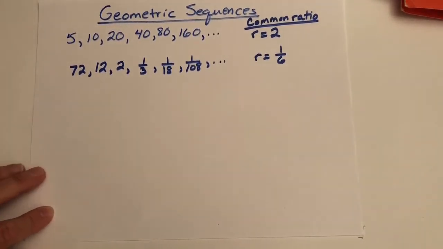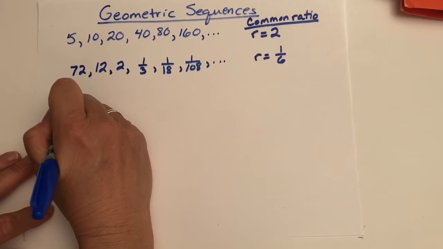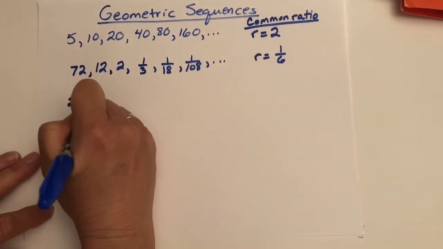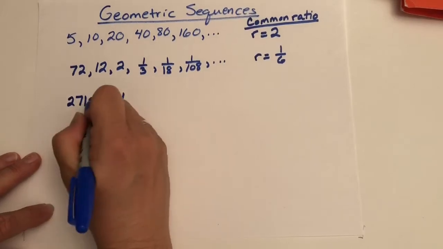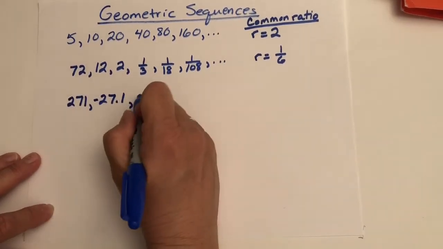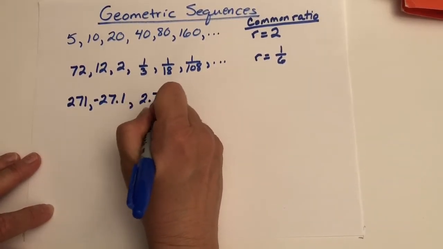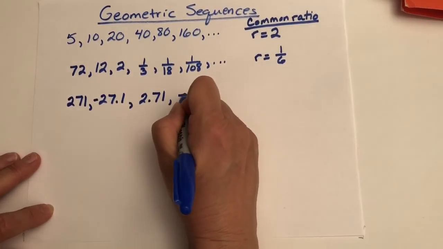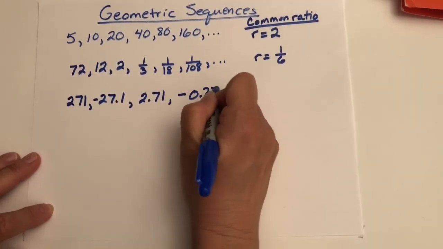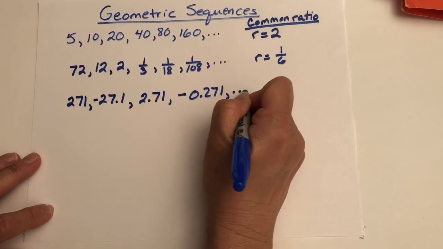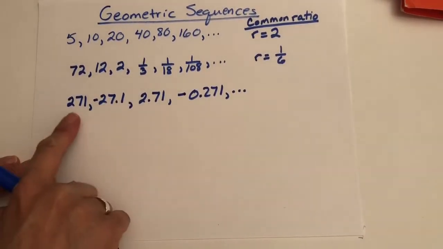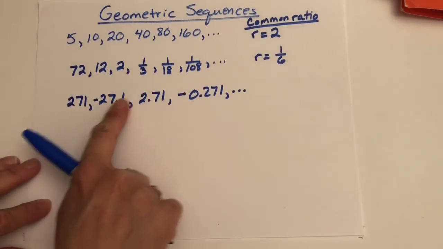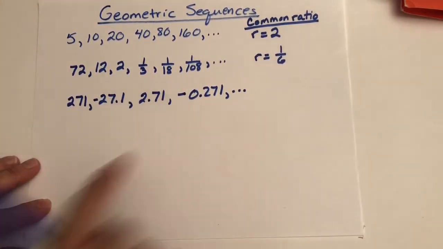Let's look at one more geometric sequence: 271, 27.1, and hey, let's make it negative. Positive 2.71, negative 0.271, and so on. Notice we're multiplying by negative 0.1 to get from one term to the next.